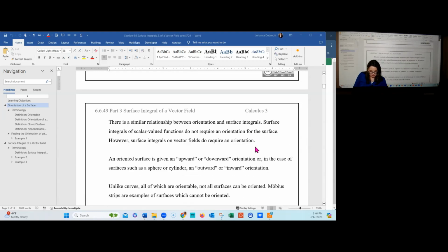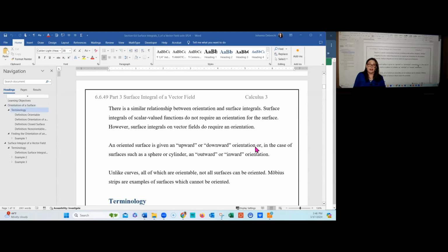When we computed a surface integral of a scalar valued function, there was no particular orientation to the surface. But now that we have a vector field involved, which definitely has a flow in a particular direction, we're going to find that we need to orient our surface. So this is very similar to what we saw with line integrals.